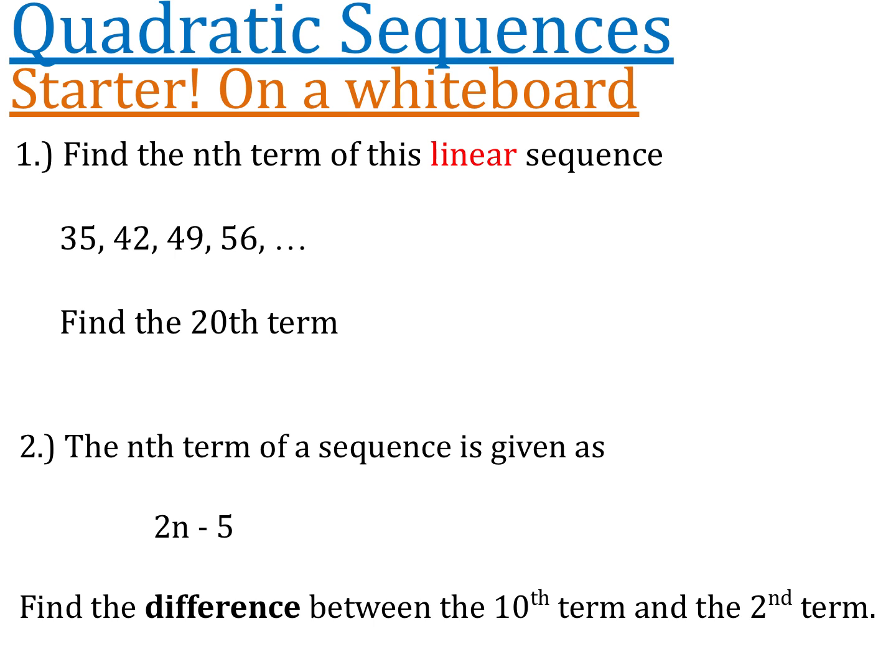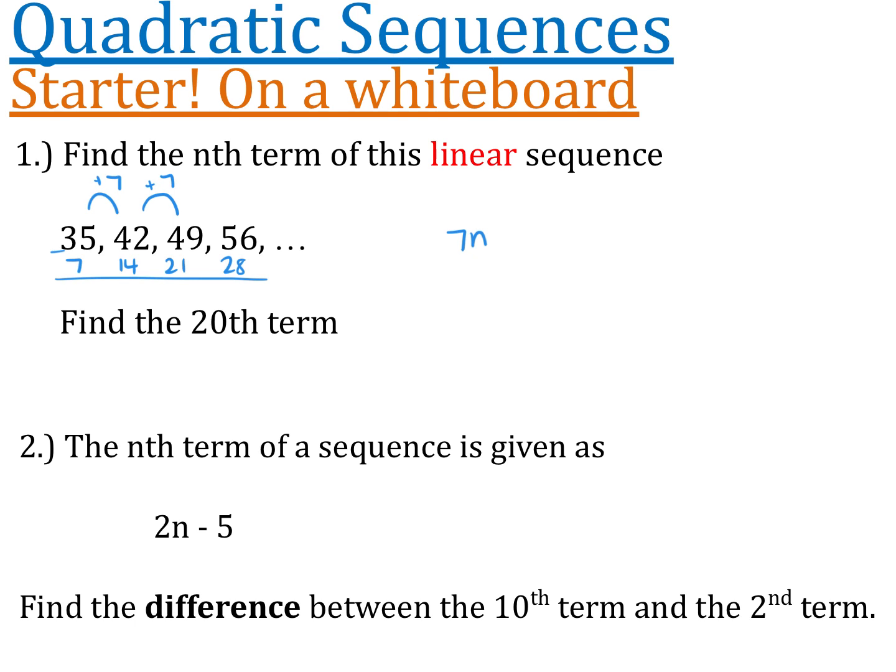Find the nth term of this linear sequence. So first we want to find out how much it's going up by. To get from 35 to 42, that's going to be add 7. 42 to 49, still add 7. So this is going up by 7 every time. So I want to compare this to the 7 times table. 7, 14, 21, 28. And I can go ahead and subtract those.